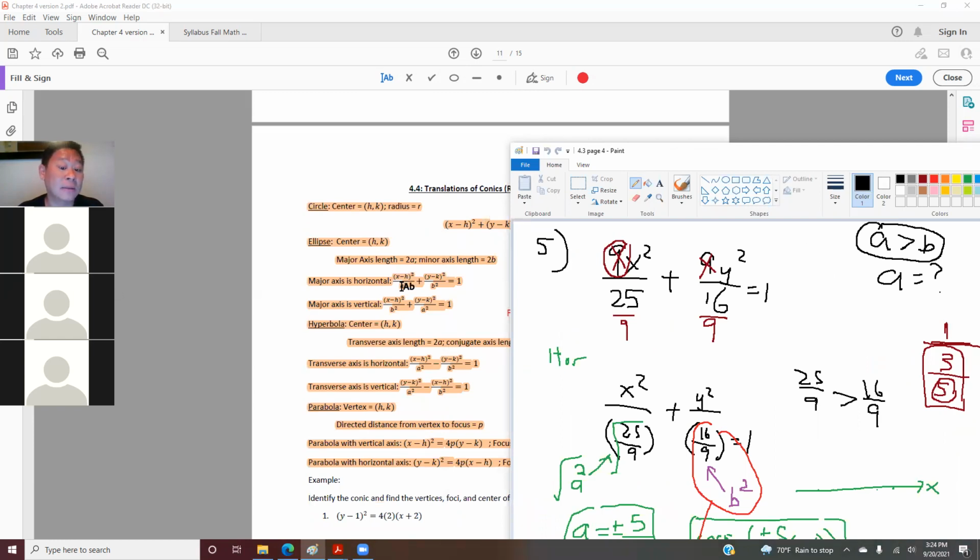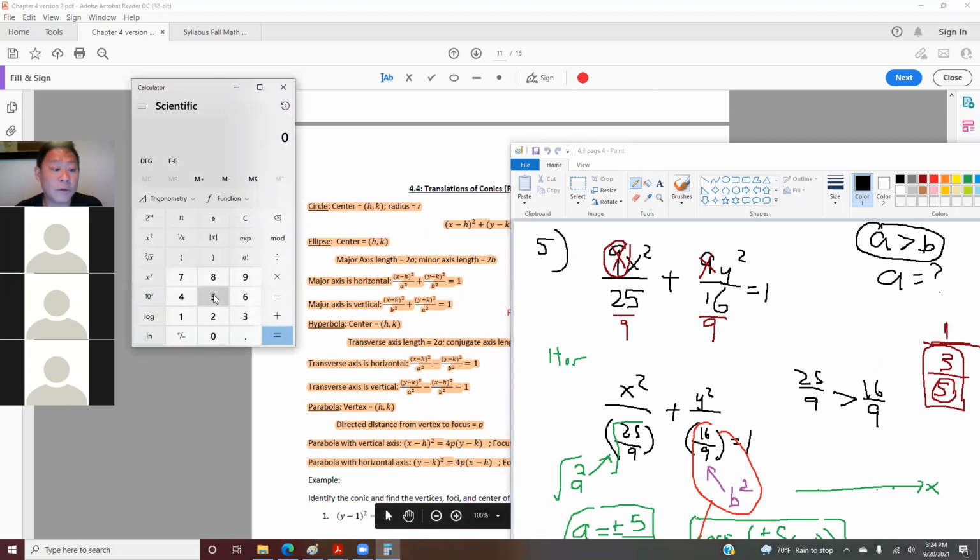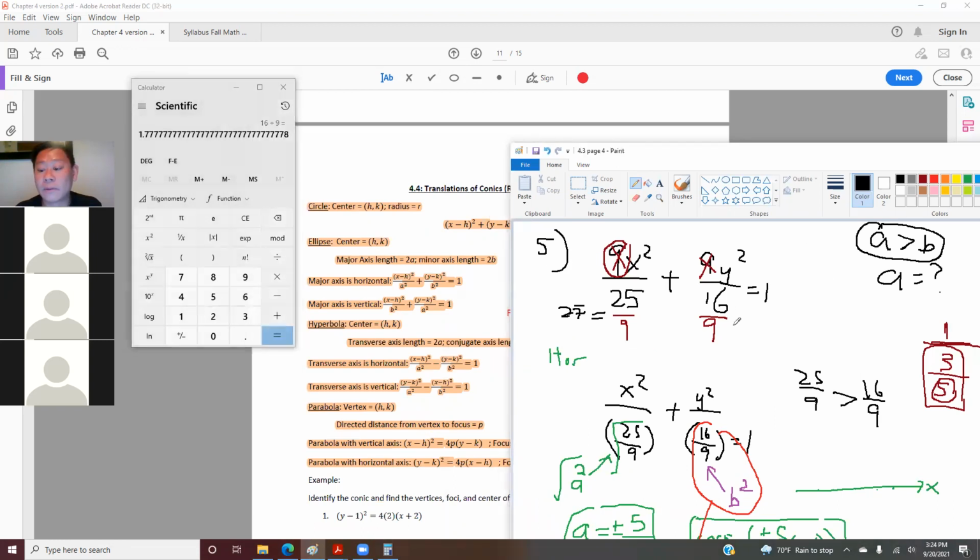The big one has to be above x. If it's above y, then it's on the y-axis. I don't know who is bigger, so you have to take out your calculator and figure it out. 25 over 9 is 2.77, and 16 over 9 is 1.77. So we know that this number is bigger, so that's why this will be A squared and this will be B squared. That's how we figure it out.